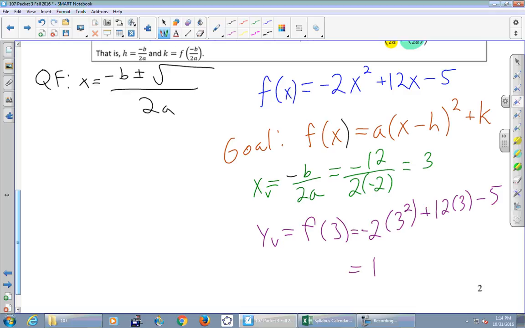I heard a vote for 13. Is that right? Positive 13. So that's negative 18 plus 36 there, minus 5.